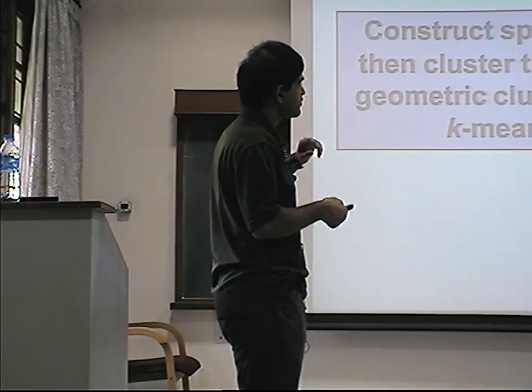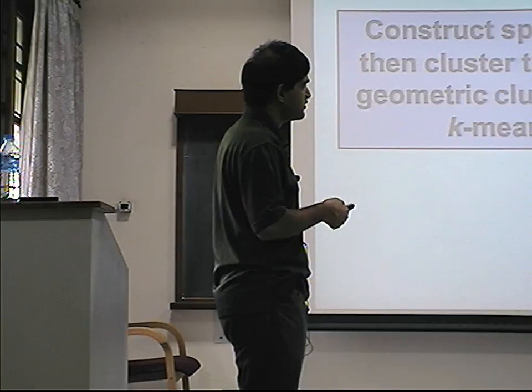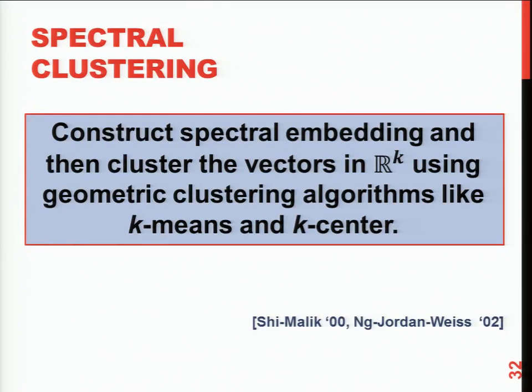geometric space. So in R to the k, for any Euclidean space these work. So the idea is you first embed the graph into this geometric space, and then you employ these geometric clustering algorithms. So these algorithms work only when the clusters are convex.